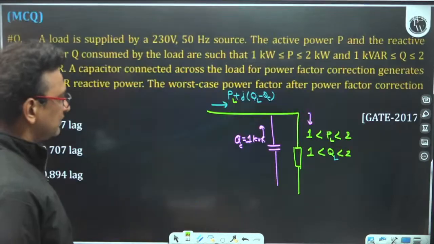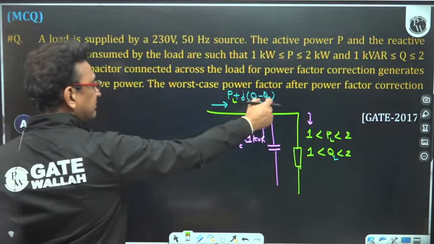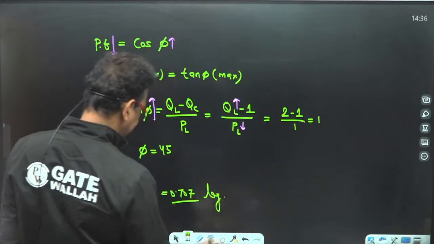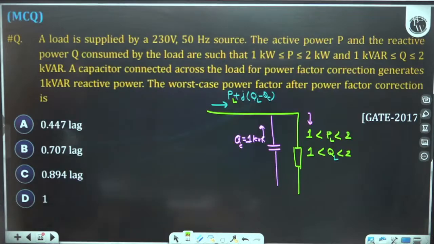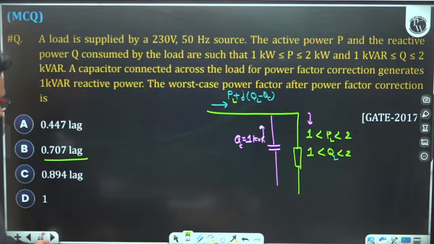See, no doubt the load reactive power is more than the capacitive reactive power, so this is a positive term. So this power factor will be the lagging power factor. If QC is more than QL, in that case the power factor would be leading. So it says 0.707 lag.